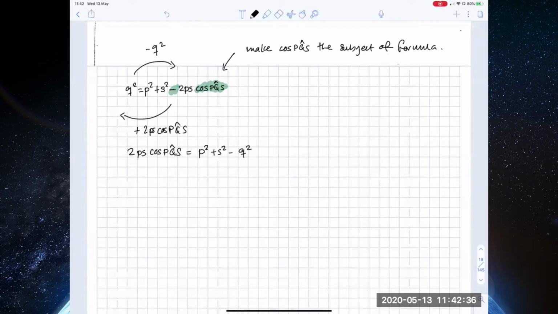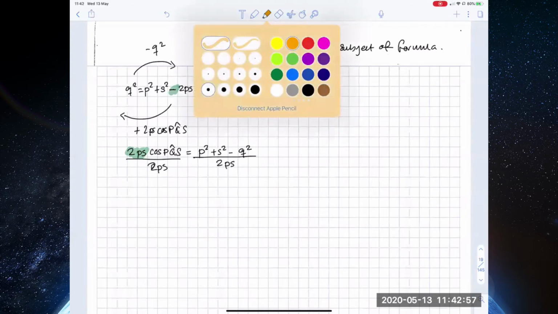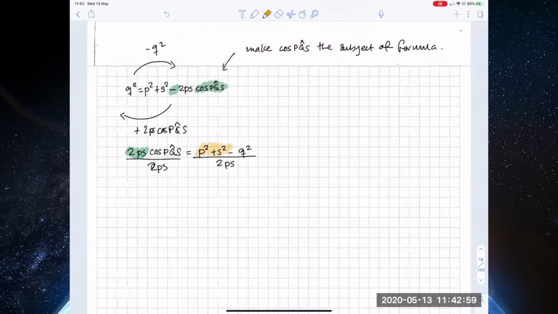Then what do I do next? I'm going to divide by 2PS on both sides. Remember, you're dividing the whole thing, so make sure that you're dividing this whole thing. You can even put it in brackets to be sure.